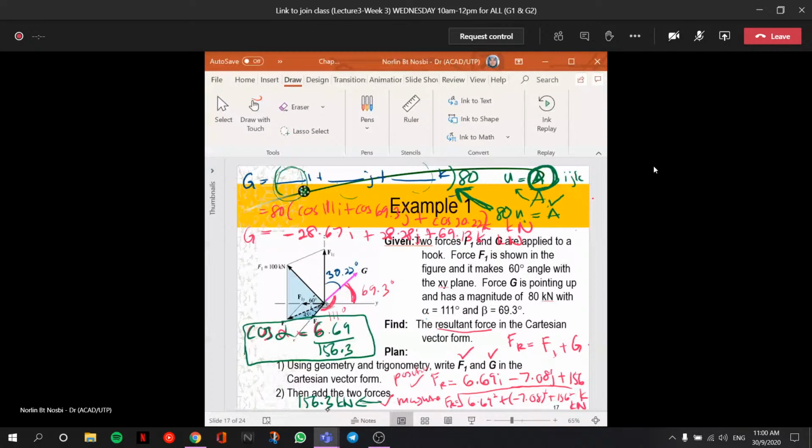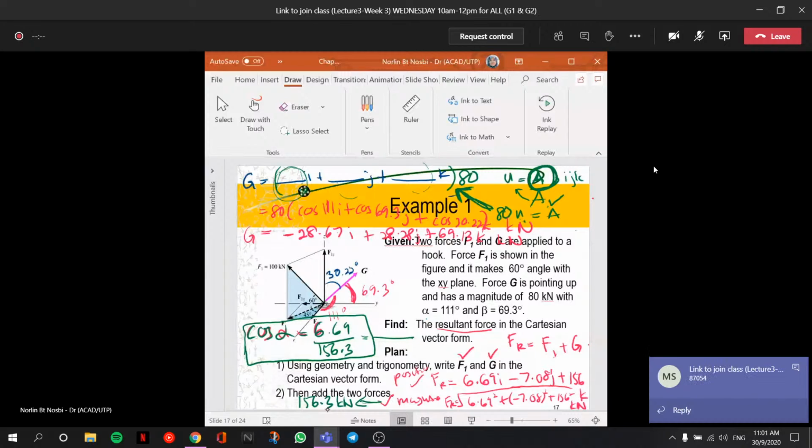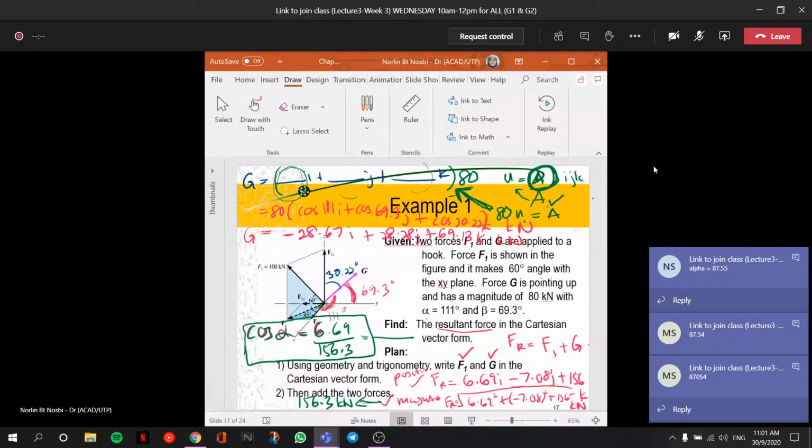Can anyone try to calculate it? Let me try: 6.69 over 156.3, and then shift cos answer.